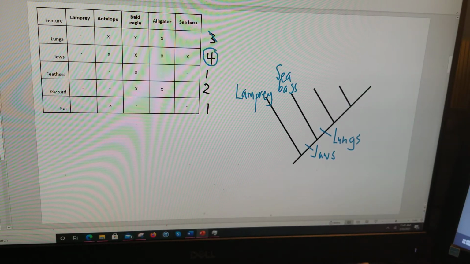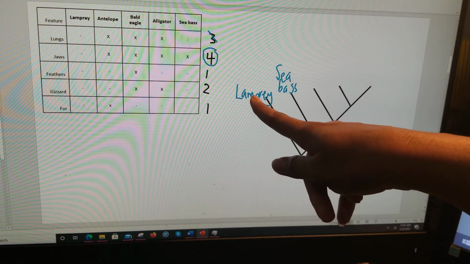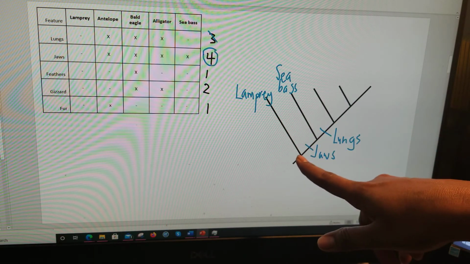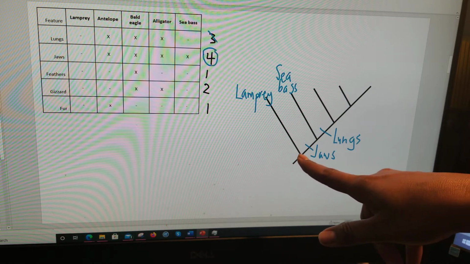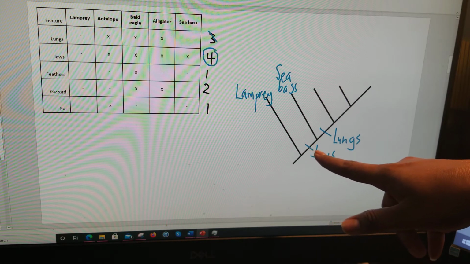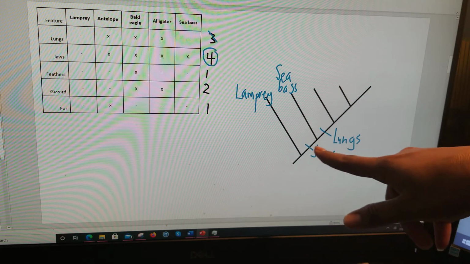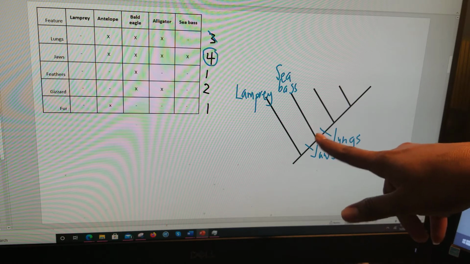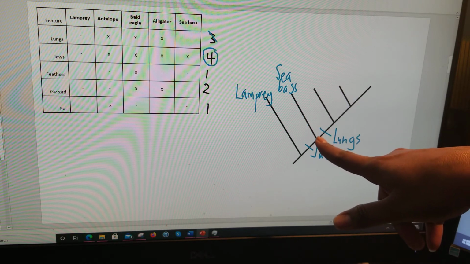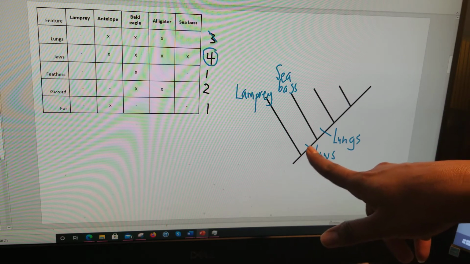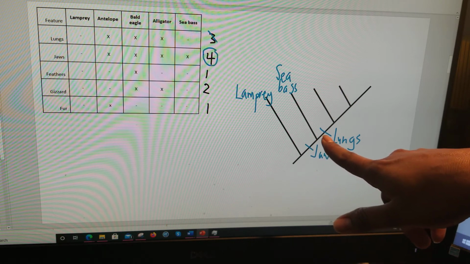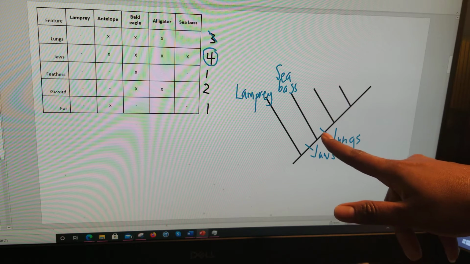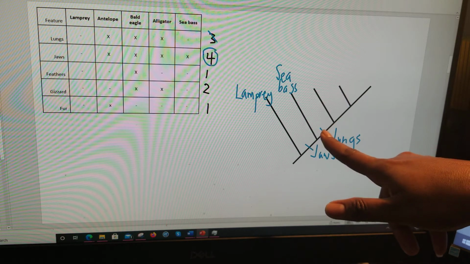Before jaws was the lamprey. Some big divergence activity took place, and then the organisms that came about after that developed jaws. Another big divergence event occurred. Every time you have branching with the nodes, it means that where that common ancestor exists, there was a divergent event that caused that ancestor to split into two different groups.